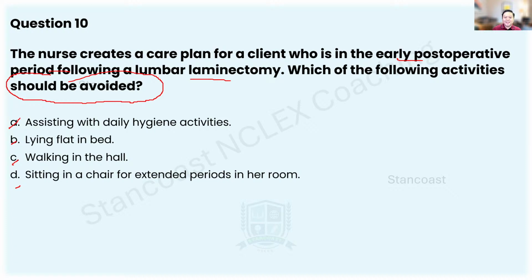All right, the correct answer for this test question is letter D. This is the correct answer. Sitting in a chair for extended periods in her room, fresh post-op.